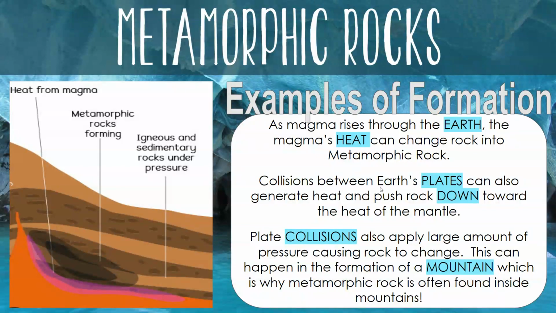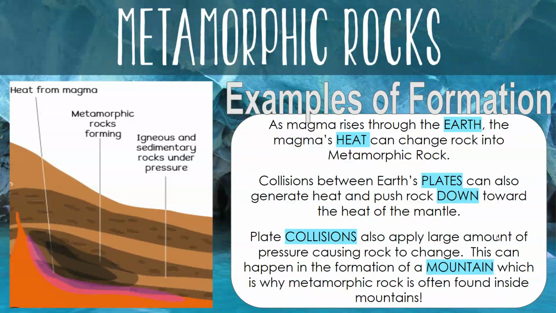Next, we have collisions between the Earth's plates, so those tectonic plates, and that can generate heat as we push the rock down into the heat of the mantle. So it's getting really heated up as it's being pushed together and it's pushed down towards the mantle that is very hot. And then the other thing that can cause metamorphic rock are plate collisions when two of those tectonic plates collide.